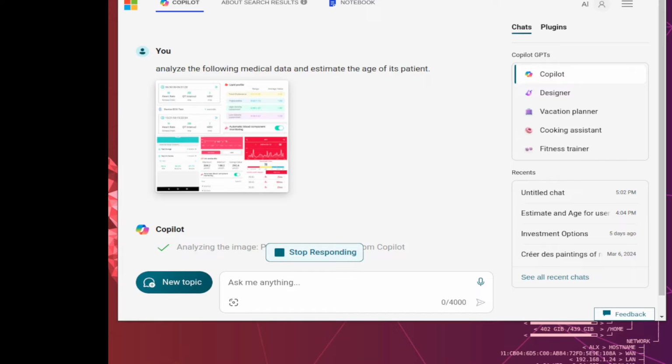Maybe it would diagnose you with something if you add some of the symptoms, or provide you with health consulting advice. I mean, the sky is the limit, right? Now it's still analyzing, and I'm not surprised because I have run this before a couple of times and did have to wait for it.